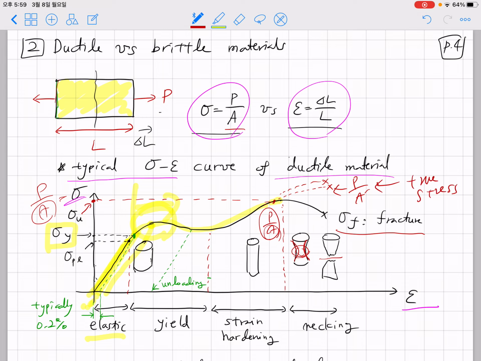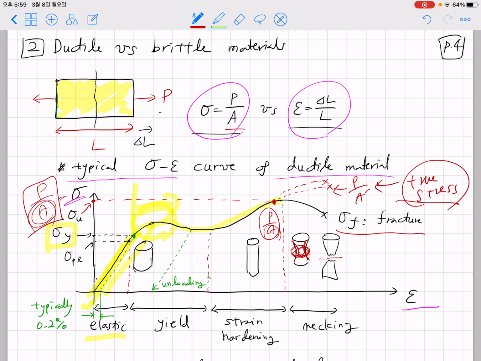True stress and engineering stress are identical up to some point, and when you start to see some sort of necking behavior, true stress, defined by the current smallest cross-sectional area, and engineering stress, defined by the initial area, will have a different response.